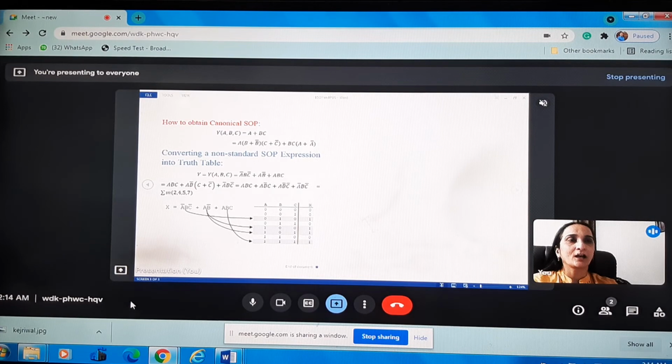Okay, now how to obtain canonical SOP? Suppose we have a non-standard expression which contains non-standard product terms, how can we convert it into canonical SOP?